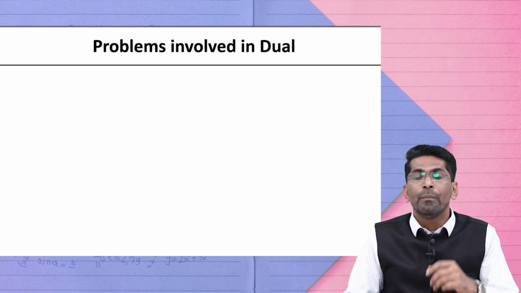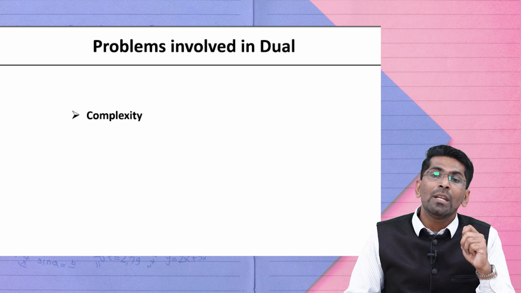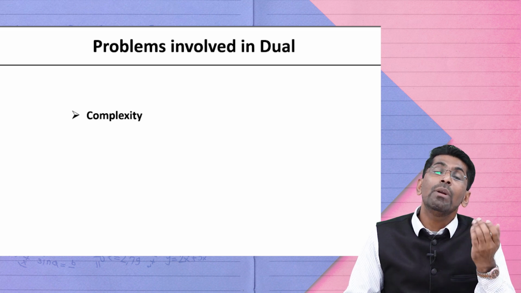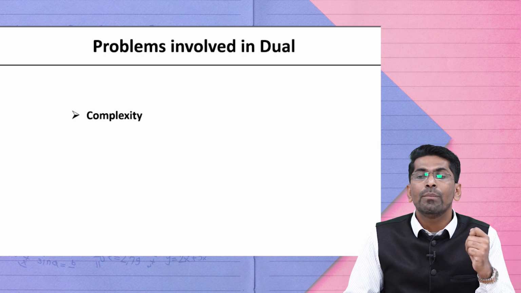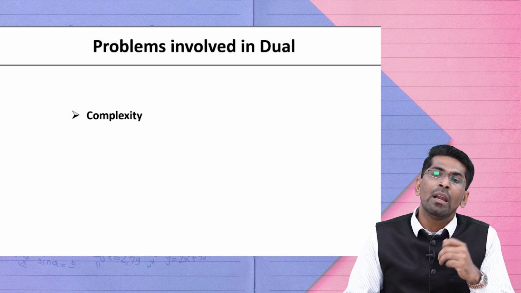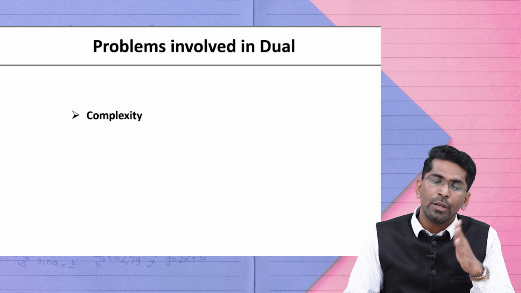One major reason is its complexity. The dual problem might be as complex as the primal problem, or even more complicated. So solving the dual problem could involve dealing with a large number of constraints or variables, making it computationally intensive.